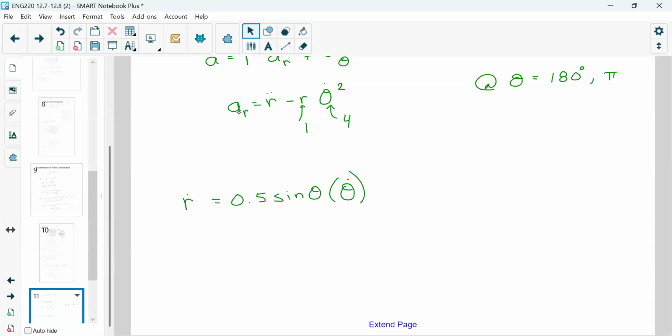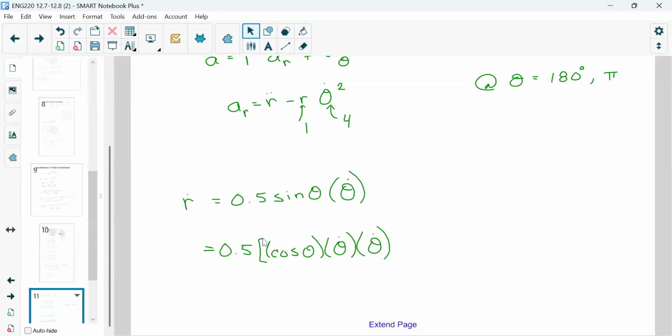All right, if we then take the second derivative, right, what are we going to have to use? We're going to have to use product rule. So that's going to be 0.5, and then we're going to have the first, which is cosine of theta times theta dot times theta dot, right?